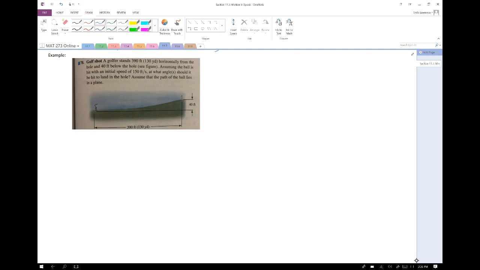It's just two-dimensional motion. So we've got some information about the starting spot and our desired ending spot. So I like to think of the starting spot as being 0, 0.